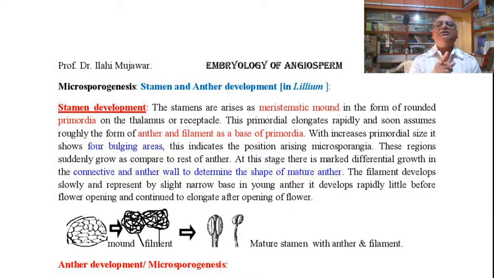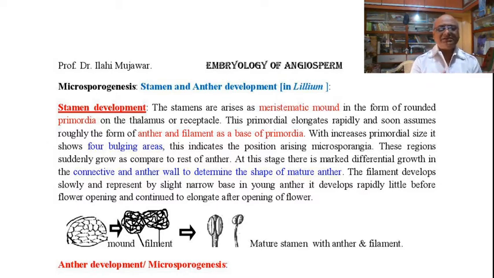The upper one is a bilobed structure, generally called the anther lobe. It must be bicelled or dithecous in nature. In some cases it is unithecous, but here it is dithecous. The second is the connective, to connect the anther and the filament, and the third one is the filament.